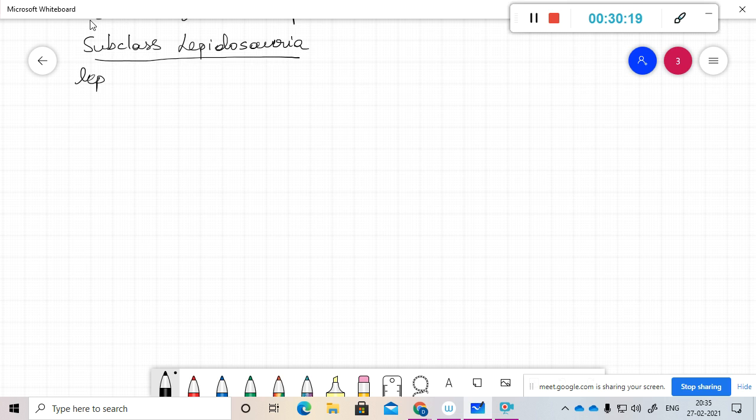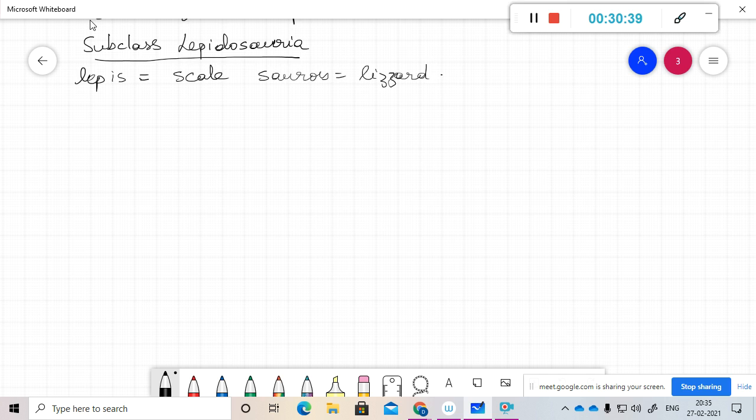Lepis means scale and saurus means lizard. Lizards.